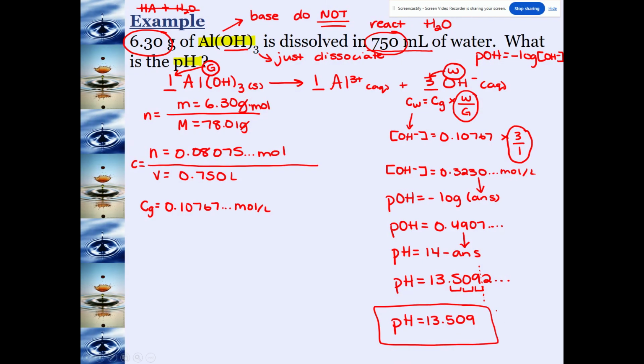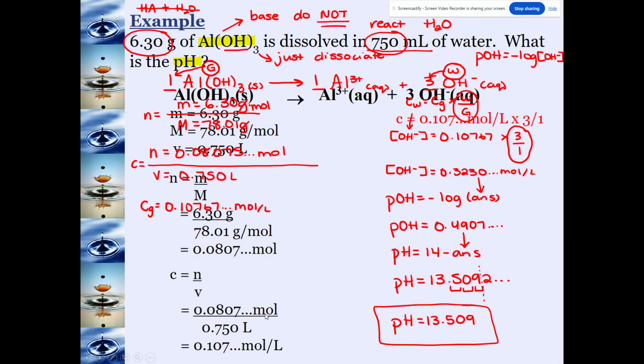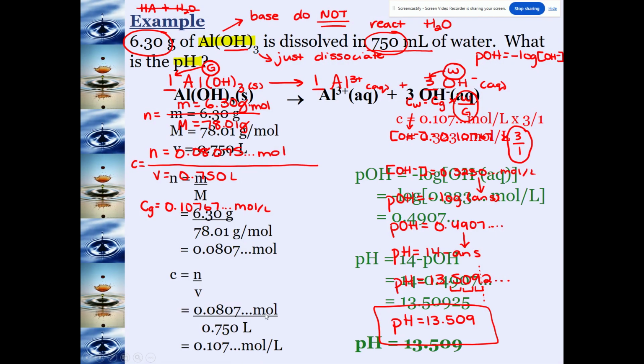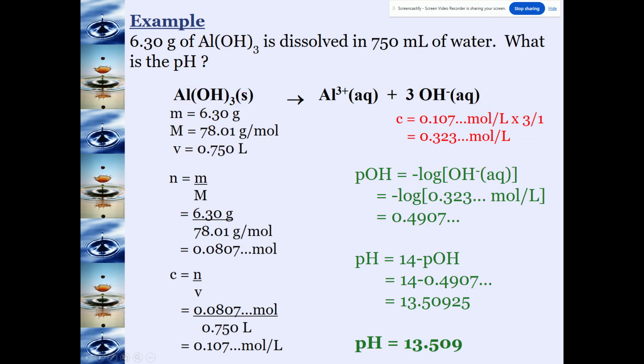Let's pull up the notes and make sure that this matches the notes. We get, yep, 13.509, if I erase this and put up what's on the screen. Okay, so a few steps are involved in these pH calculation questions of a base, several steps.